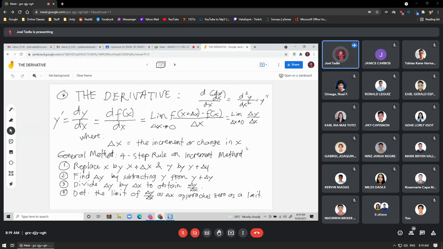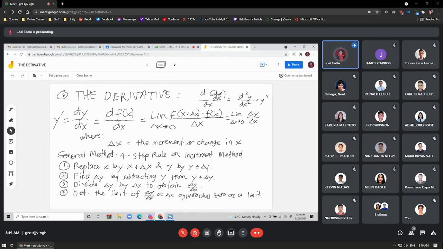So there are four steps to determine the derivative of a function using the four-step rule, or the increment method. We have to follow these four steps. First step, replace x by x plus delta x and y by y plus delta y.